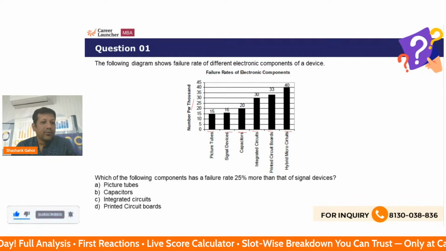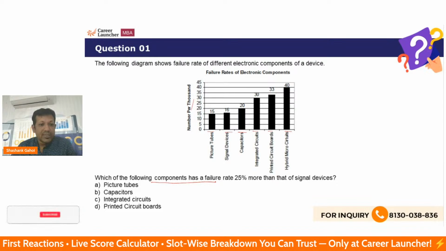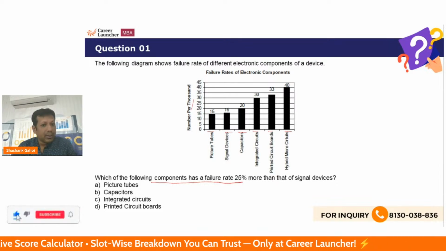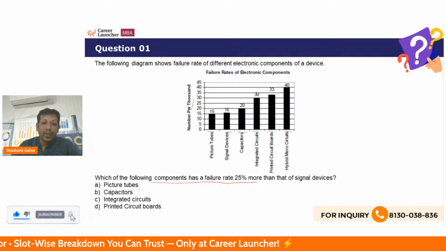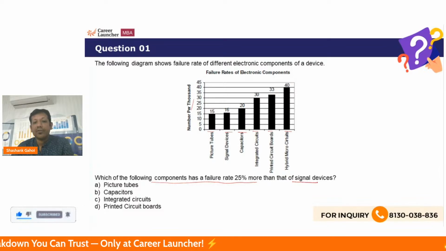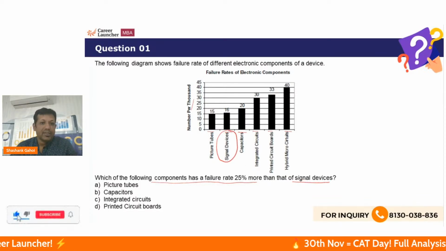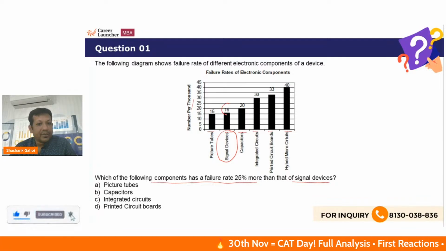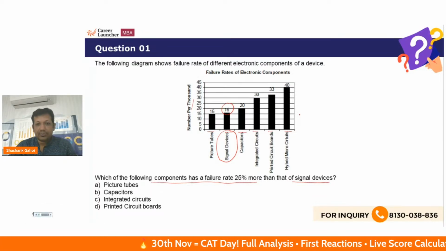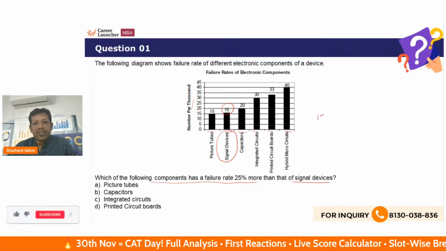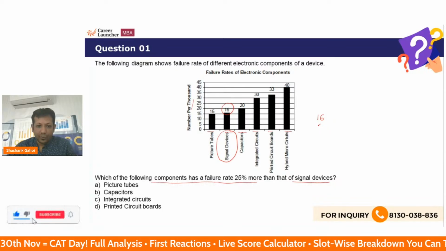For which of the following components has a failure rate of 25% more than that of signal devices? So what is signal device? That is this. What is the failure rate? That is going to be 16. Okay. 25% of 16 is going to be what? 4.